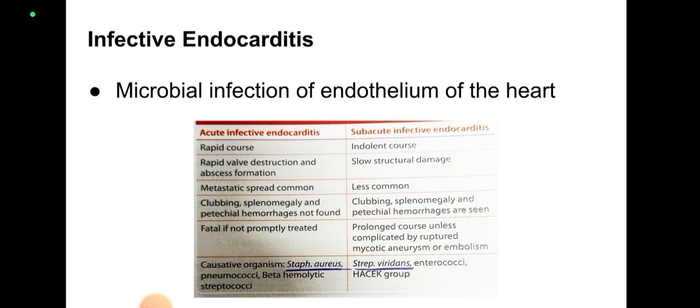The acute type is fatal if not promptly treated, while the subacute type has a prolonged course and is less complicated by ruptured mycotic aneurysm or embolism. The causative organism for the acute type is Staph aureus, while in the subacute type it is Streptococcus viridans.